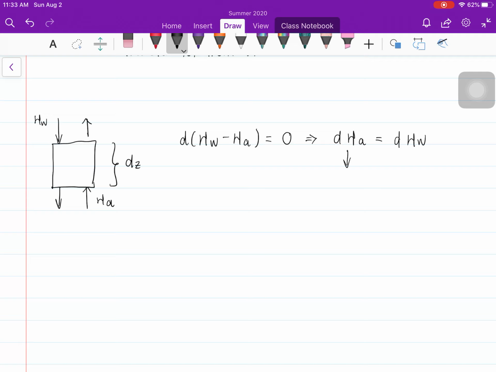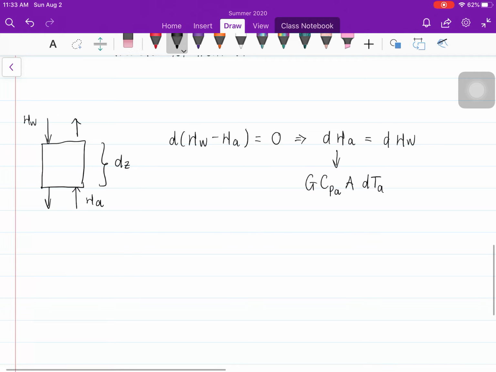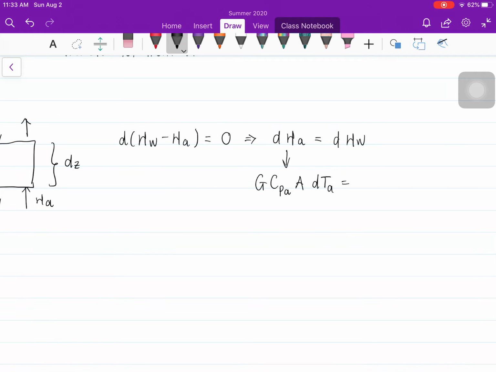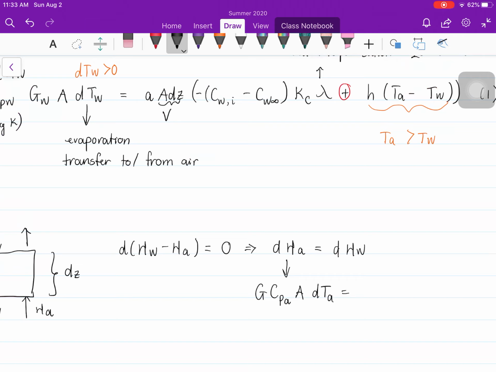This would be equal to the mass flow rate of air, which is G, times CPA, which is the heat capacity of air, times the area, times change in temperature of air, which would be equal to DHW, which is the change in enthalpy of water.